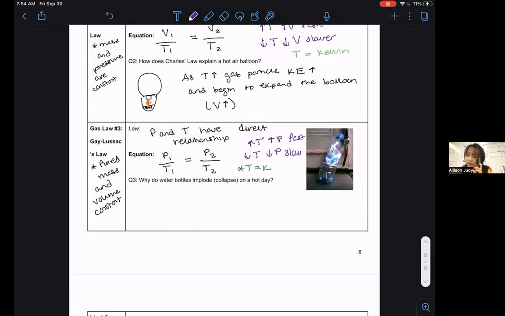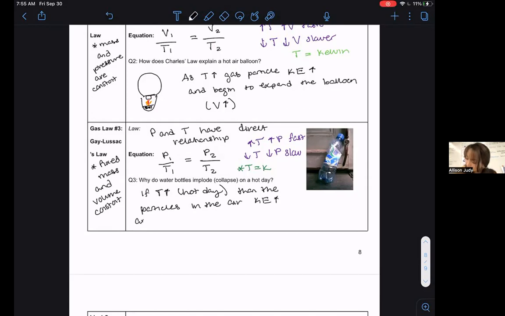So how does this explain why water bottles implode on a hot day if you leave it in the car? Let's bring this into a tangible context. With an increase in temperature, due to a hot day, if I have a quick and significant increase in temperature, then the particles in the air have a higher kinetic energy.